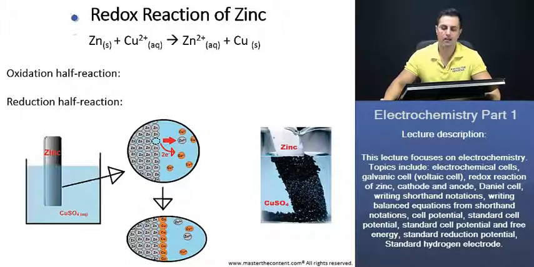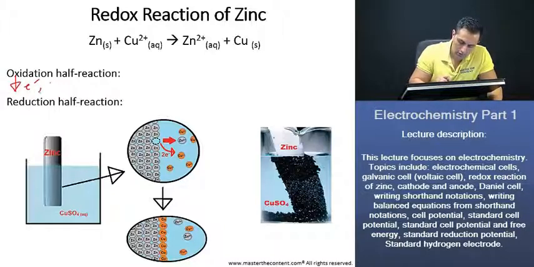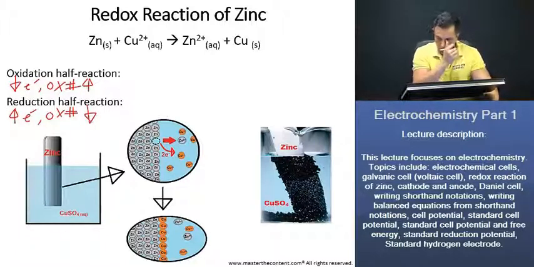Because of that, we call this a reduction oxidation reaction. If we recall, oxidation is the loss of electrons, and furthermore, your oxidation number will be increasing. In reduction, you'll be gaining electrons, and your oxidation number will be decreasing.